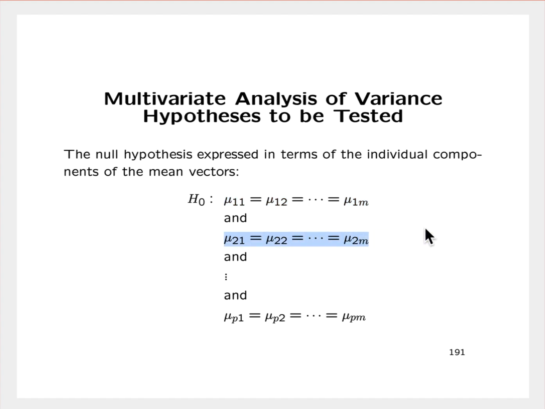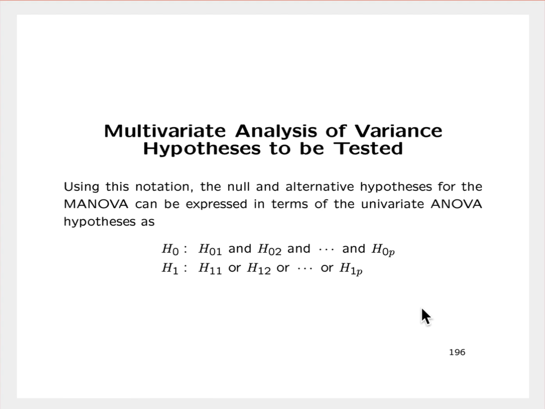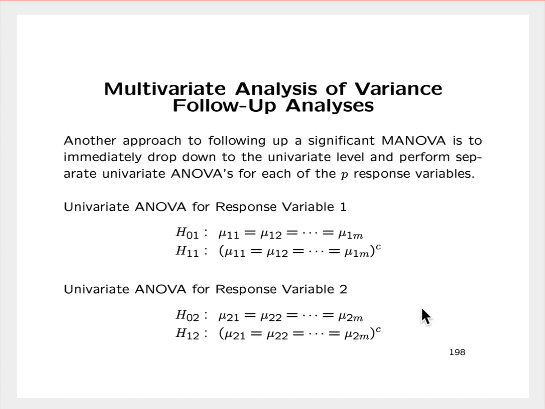This is the null hypothesis for the analysis of variance for the second response variable, and so forth down to this statement, which is the null hypothesis for the analysis of variance for the pth response variable. So if we think of the null hypothesis of the MANOVA in this way, then it makes sense to use this approach here.